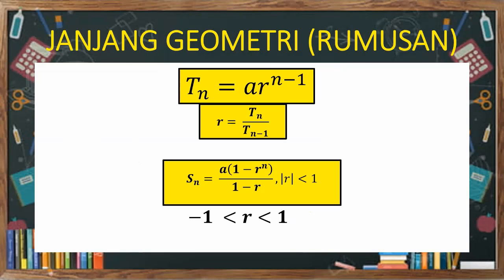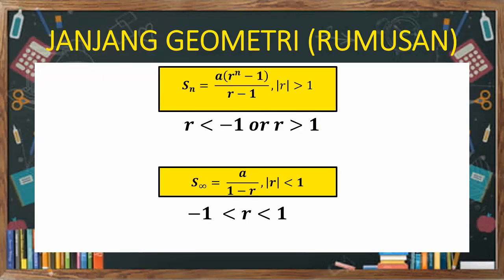For today, we have already learned 4 formulas. The first one is the nth term for geometric progression, which is equal to ar to the power of n minus 1, where r is Tn over Tn minus 1. The second formula we learned was Sn equals a into 1 minus r to the power of n over 1 minus r. This is for r in between -1 and 1.